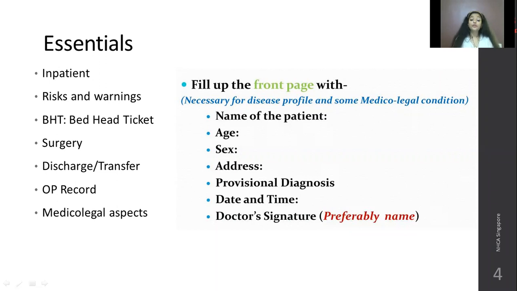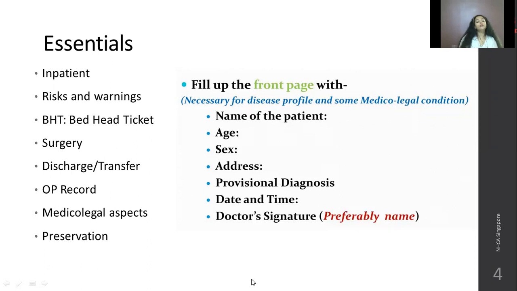And if the court of law asks for the medical record for any criminal liabilities, even without the consent of the patient, you can give it to the court of law. And for consumer protection cases, you can give the medical records. And if police or insurance companies require medical records before reimbursement, or in any other ongoing cases, in that case it has to be given.